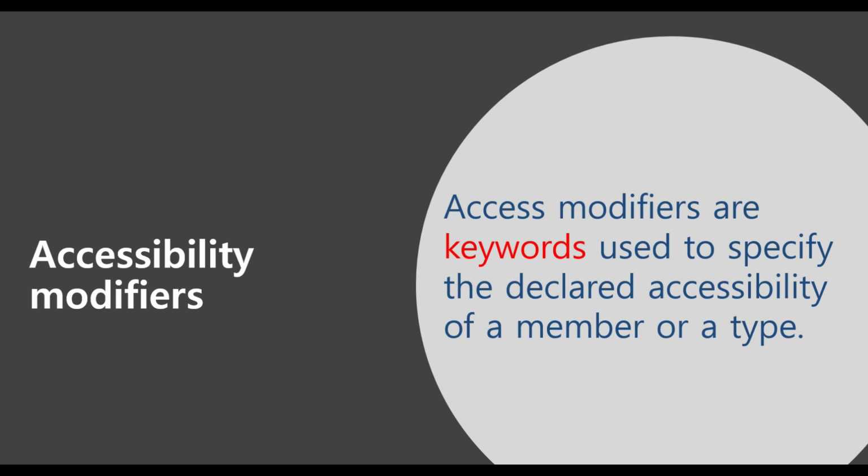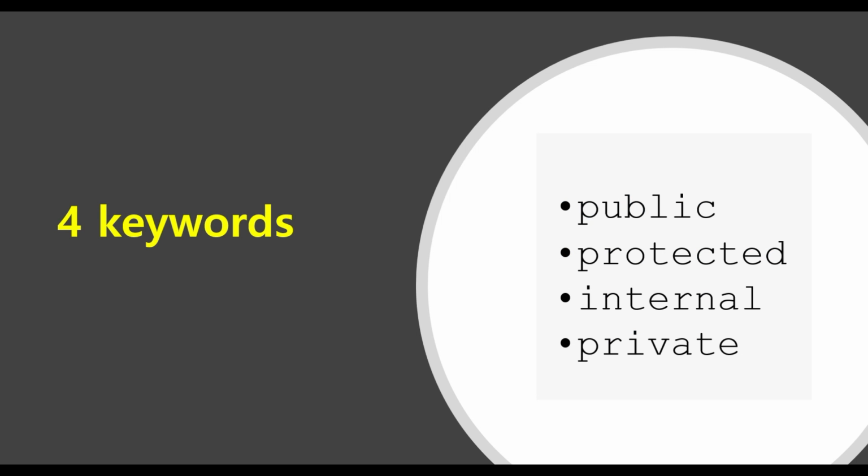But there are also other keywords, and these keywords might define exactly if or how members are available to be inherited, for instance. In C# we have 4 keywords that reflect this type of restriction: public, protected, internal, and private. We'll look into what exactly each keyword means or does in just a few seconds.